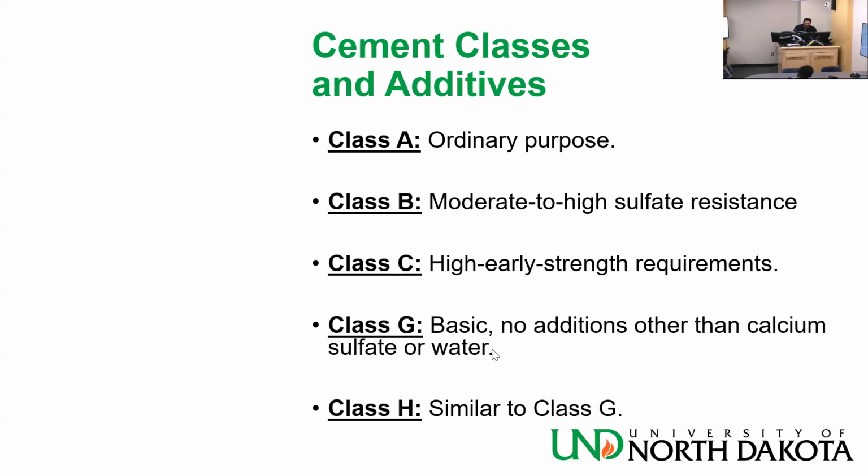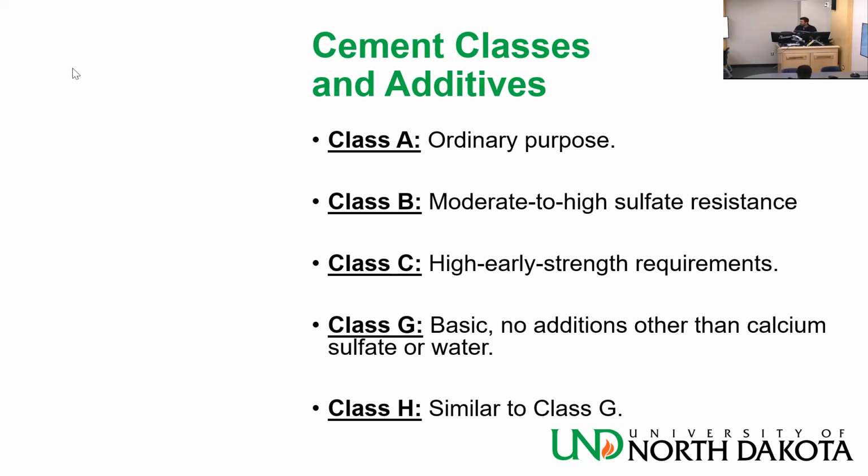And H, very similar to G. Now, it doesn't mean that there is no D, E, F, or I. There are some letters that we don't really use as commonly as those. Those are the ones that we use most commonly.